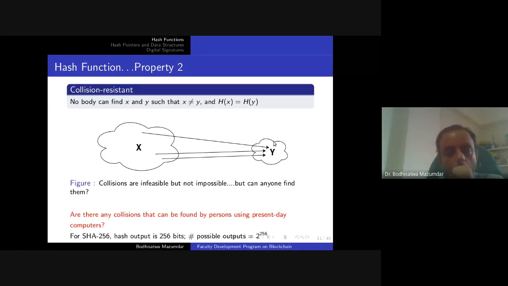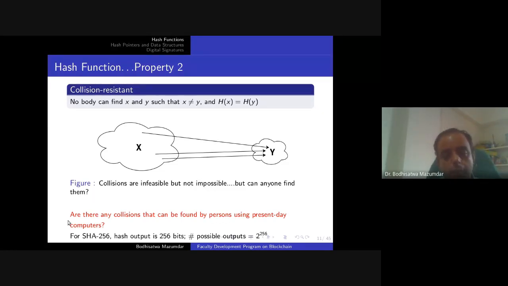So even if these arrows come closer to each other, an attacker will not be able to find two such arrows pointing to the same output value. The probability of finding such a collision is infinitesimally small. So collisions are computationally infeasible to find, but they are not impossible.